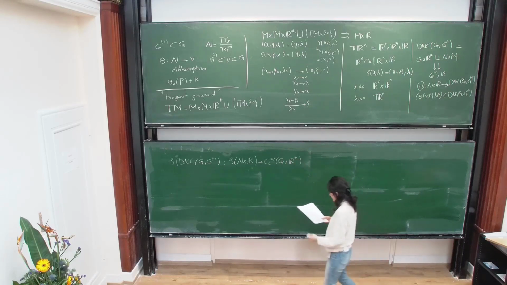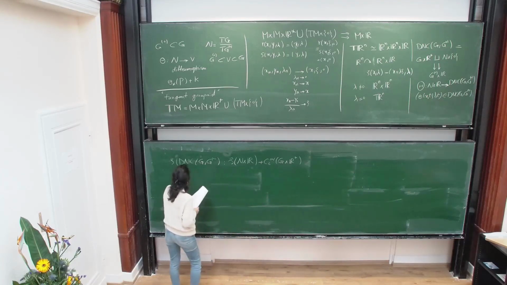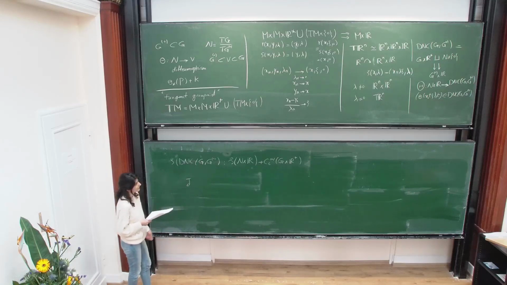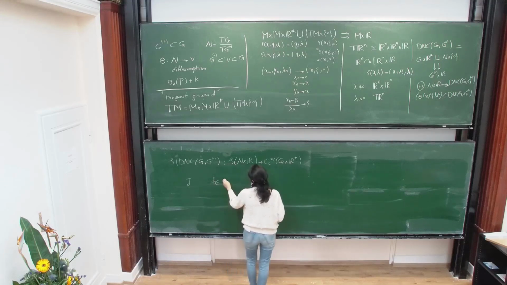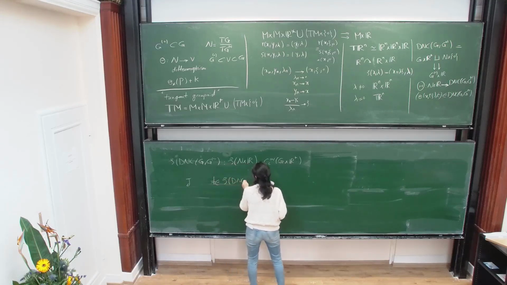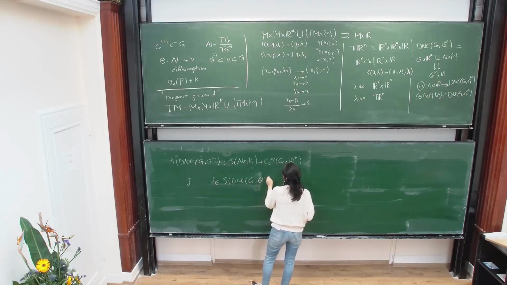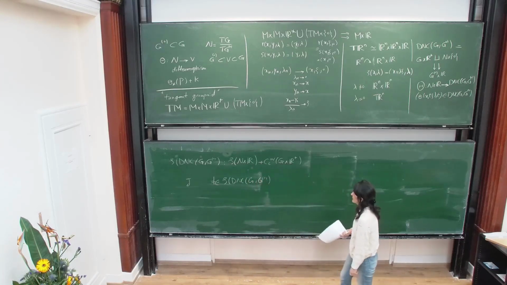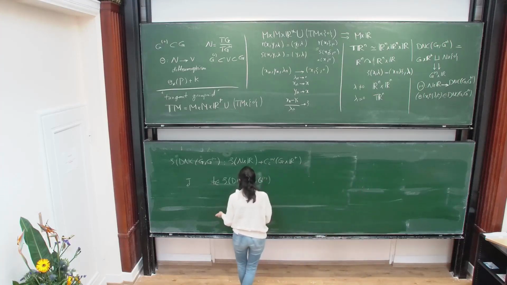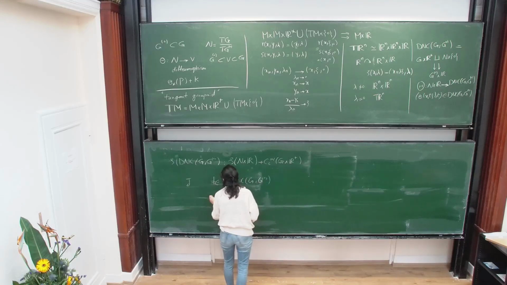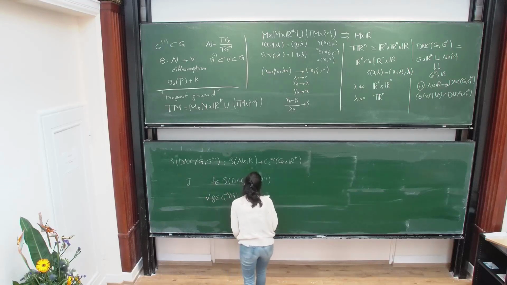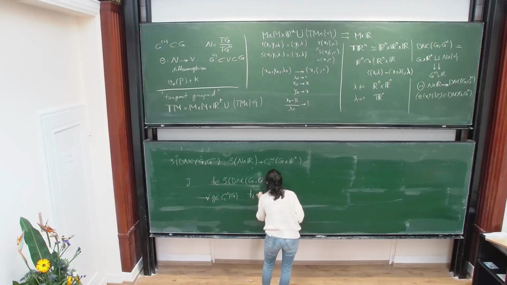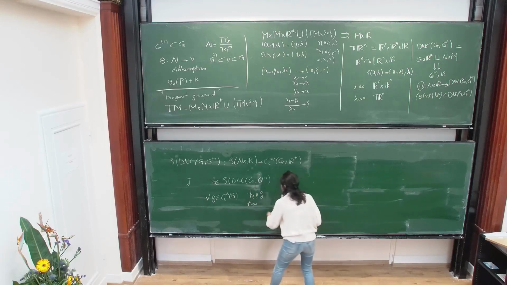and then here I have an ideal J in this space, which is defined as follows. I have F in S of DNC of G and G0. And I will say F is in J if for every compactly supported function on G, as t goes to 0, it converges to 0 and has rapid decay.